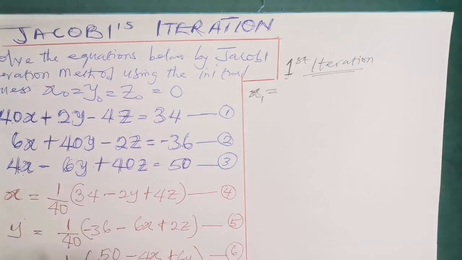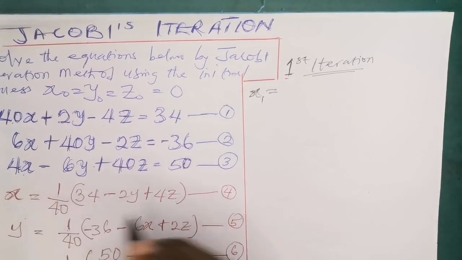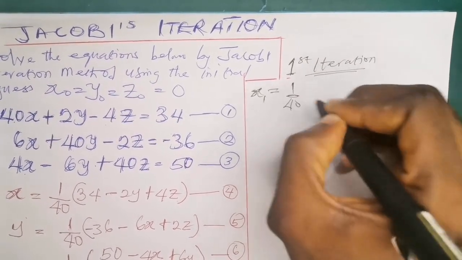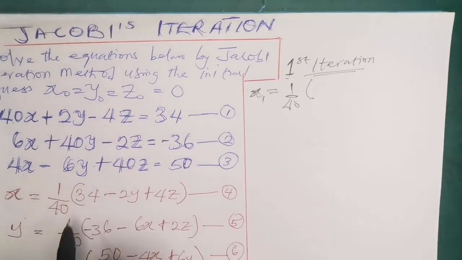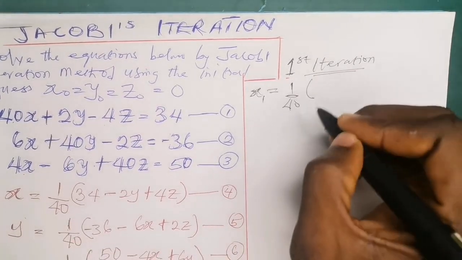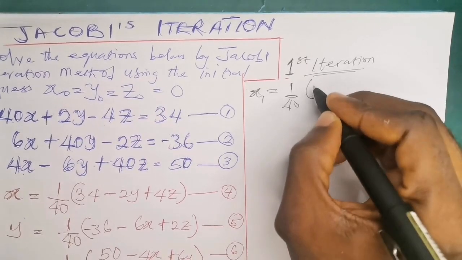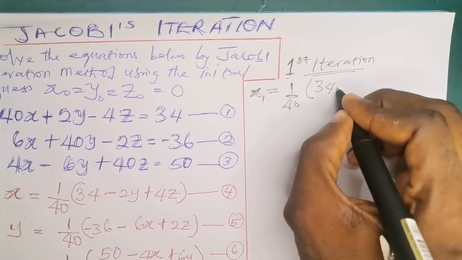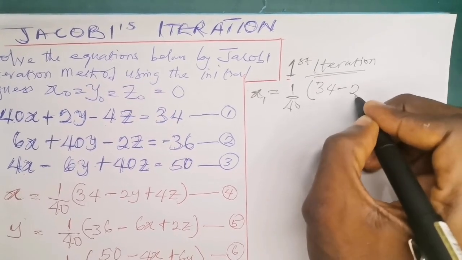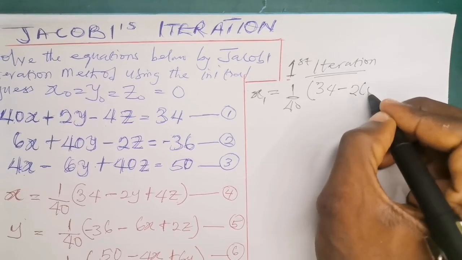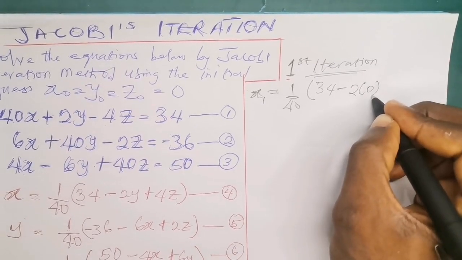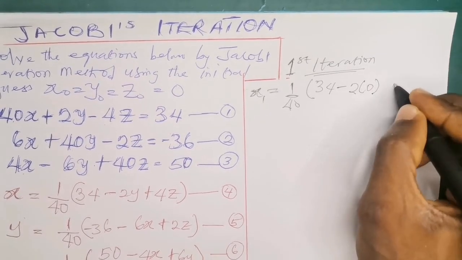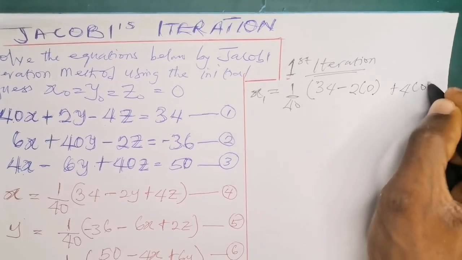So x1 is going to be equal to, remember, I have 1 all over 40 there. So you have 1 divided by 40, multiplying through now by 34, minus 2y, that's minus 2, but y now is y naught, which is 0, plus 4z, again z is z naught, which is 0, so that's plus 4 times 0.